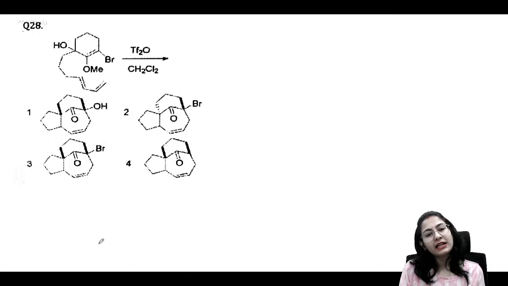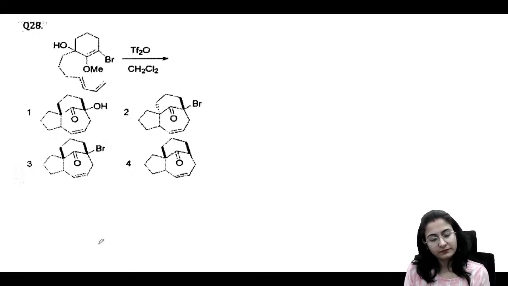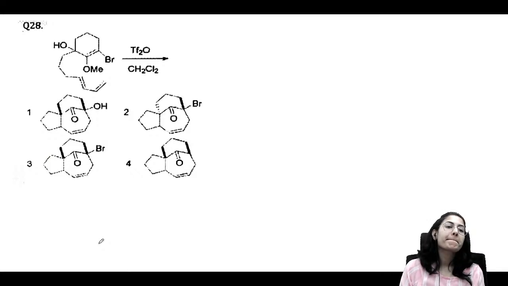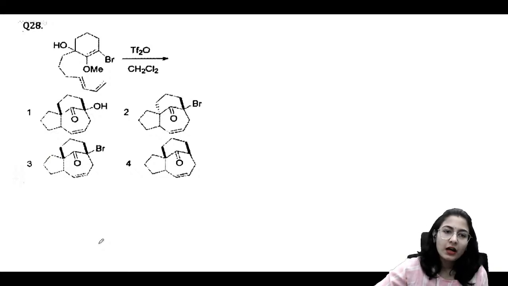Allylic cation is being added to a diene.